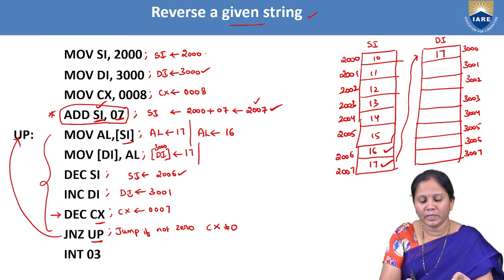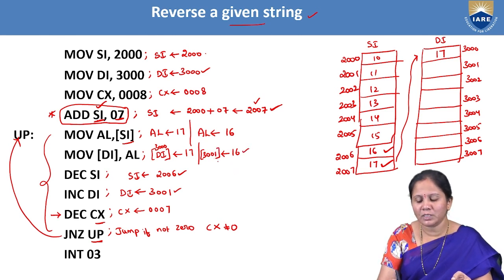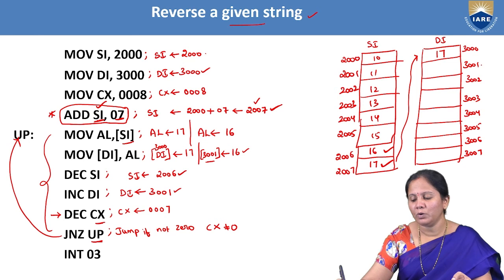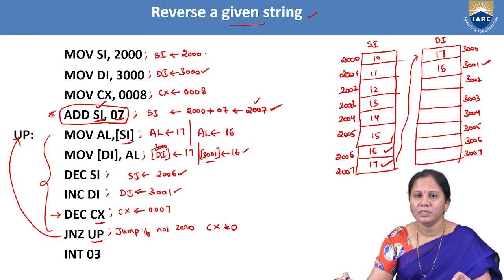And MOV [DI], AL. The value present in AL will be moved into the DI location. So here, 16 will be moved into this DI location. What is DI presently? 3001. So this value will be moved into the 3001 location. So here the value 16 can be observed in the 3001 location.